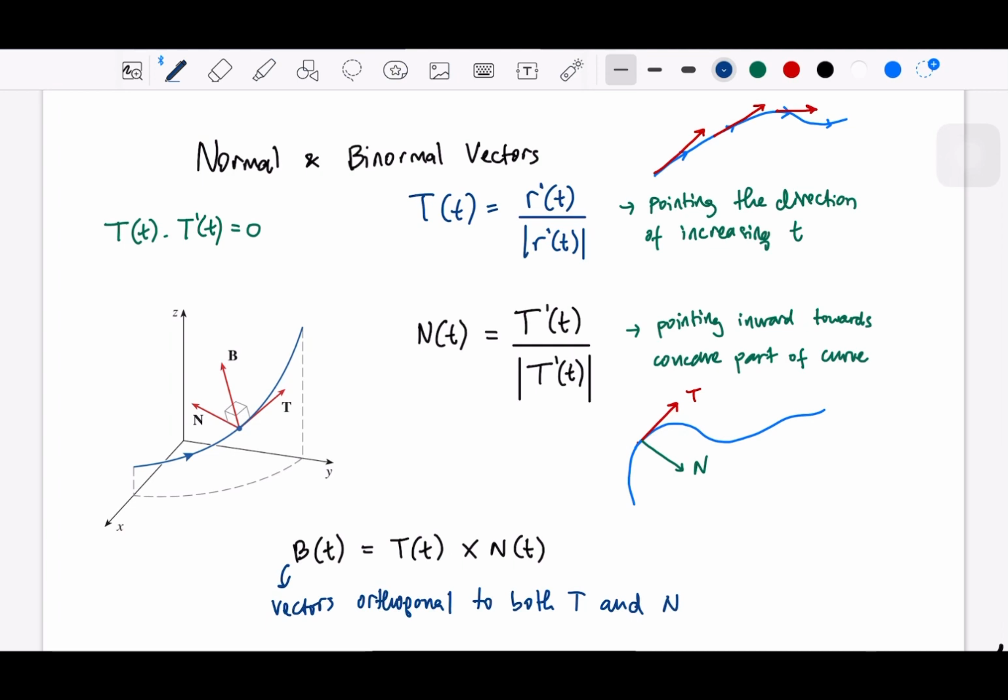All these vectors, the normal and binormal, depend on the direction of T.